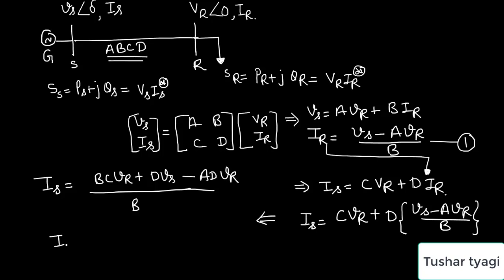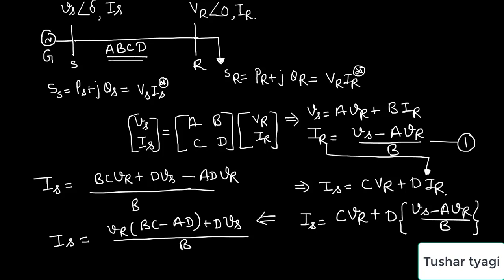Further, taking VR common, Is is equal to VR times BC minus AD divided by B, plus D Vs upon B.